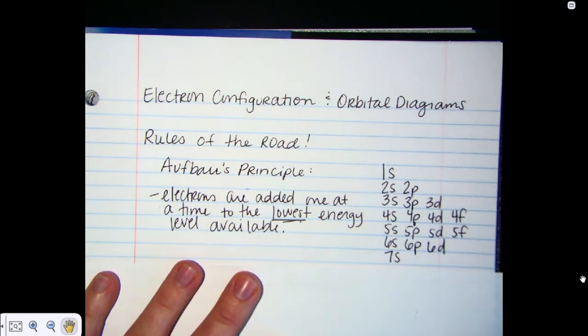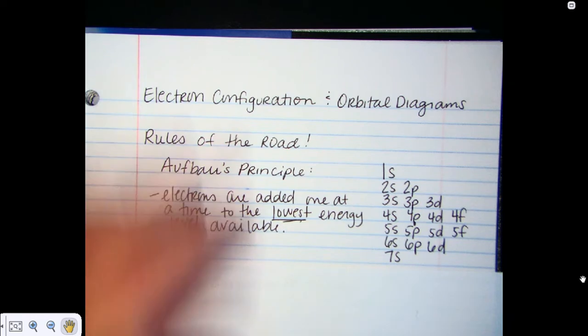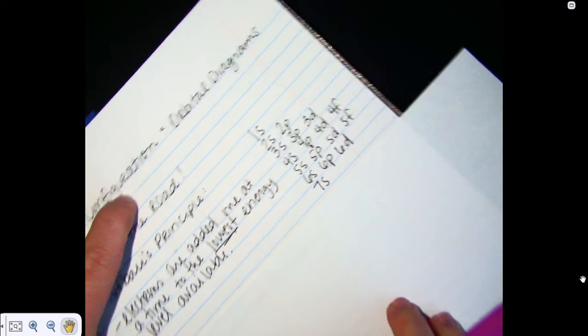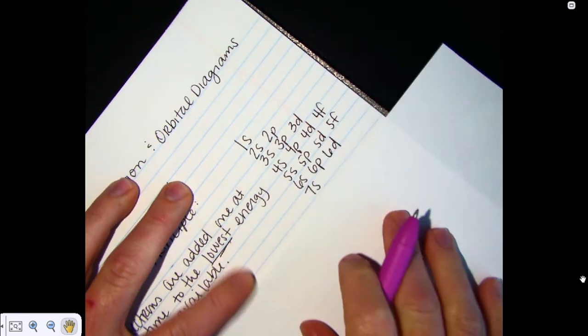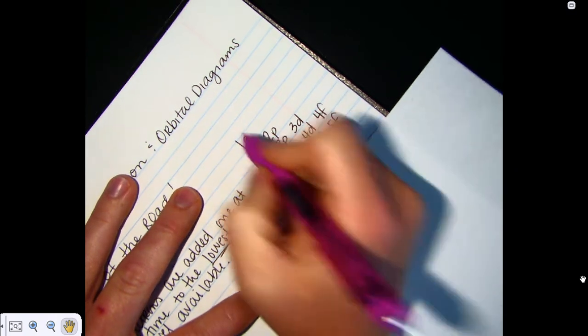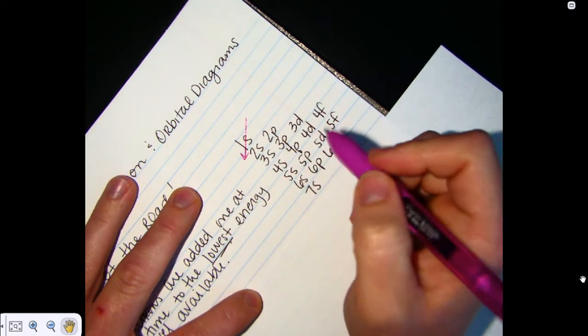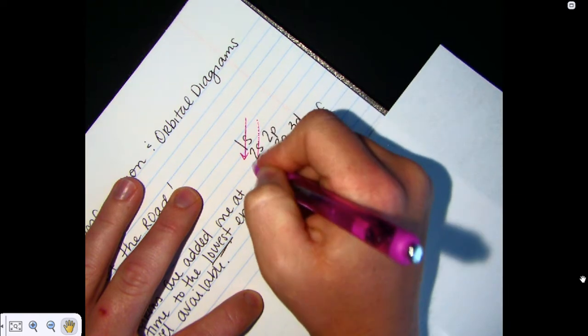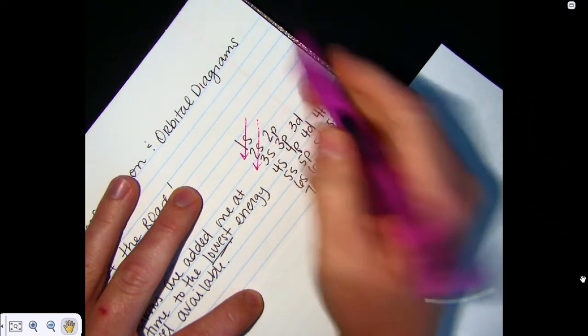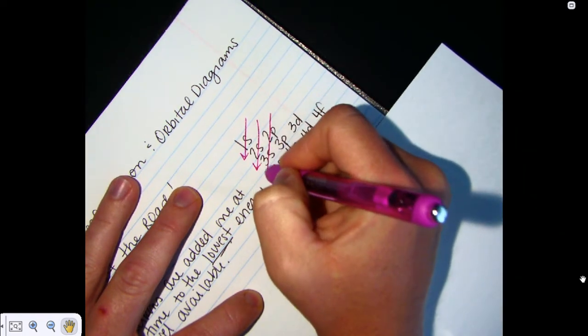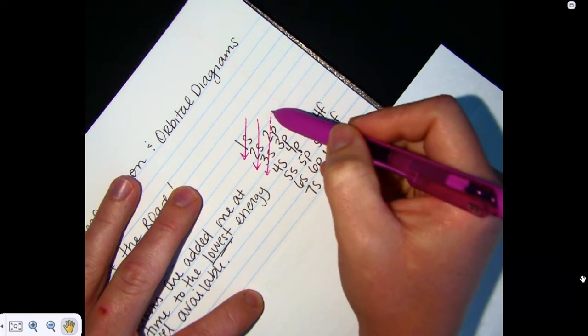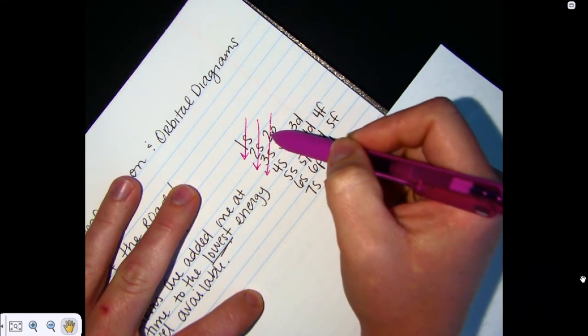In terms of filling these, if you take your paper, turn it on the diagonal, and draw in some lines, it'll tell you exactly how to fill. So we fill the 1s first, then we fill the 2s. Once we've filled both the 1s and the 2s, we fill the 2p followed by the 3s. Notice if you follow the line, you're going to go to 2p before you get to 3s.